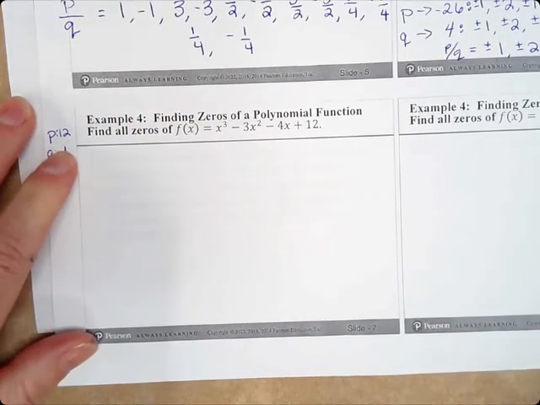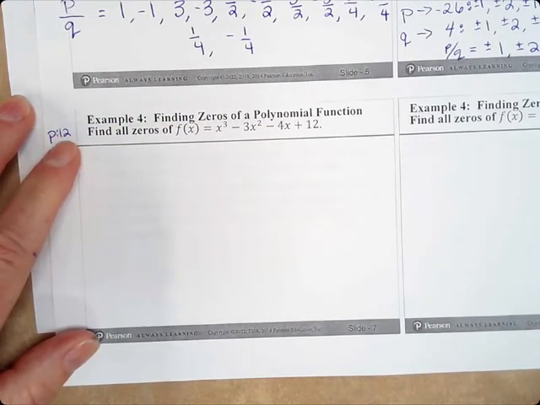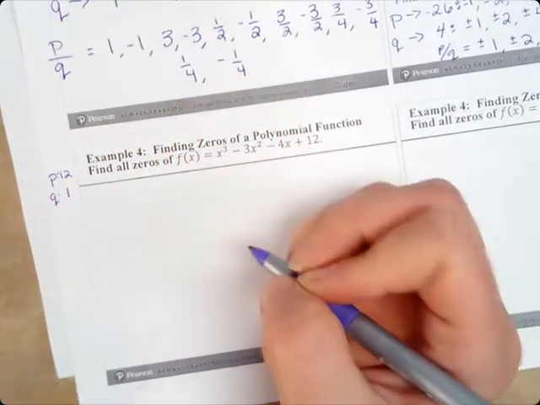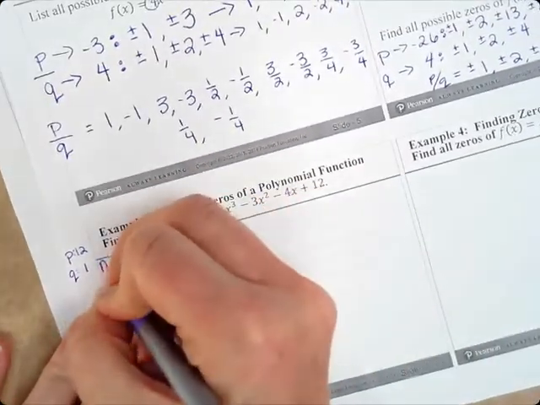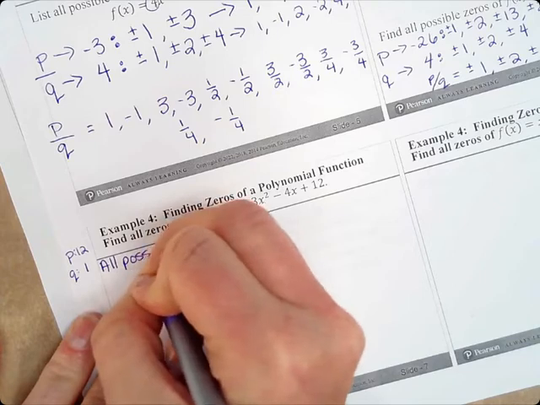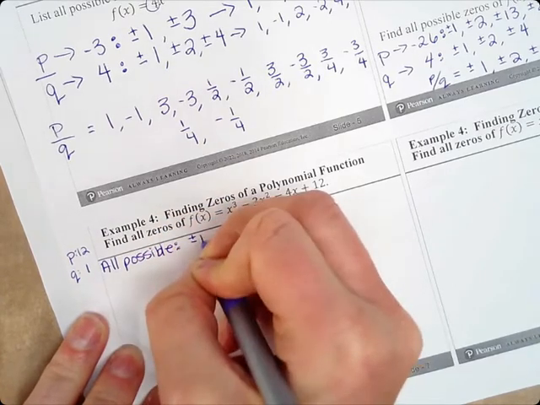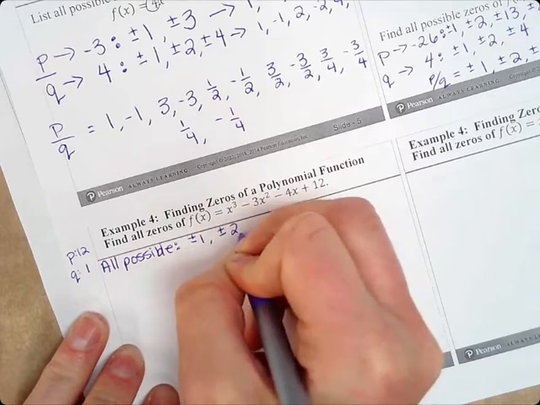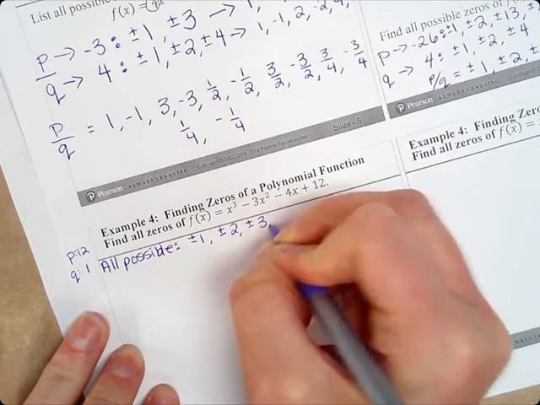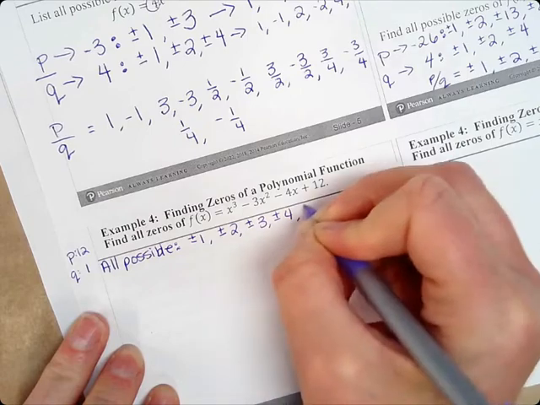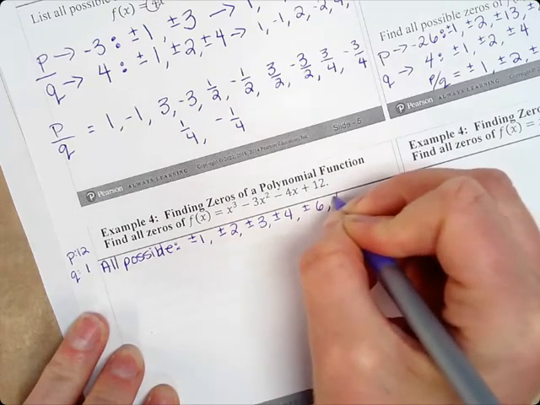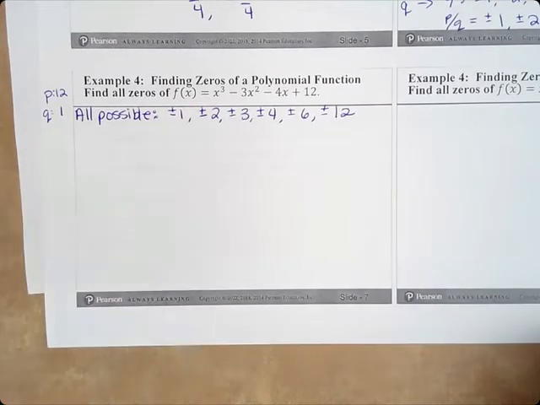So really it's all of the factors of 12. So plus minus 1, plus minus 2, plus minus 3, plus minus 4, plus minus 6, and plus minus 12. So those are all the possible ones that we can do.